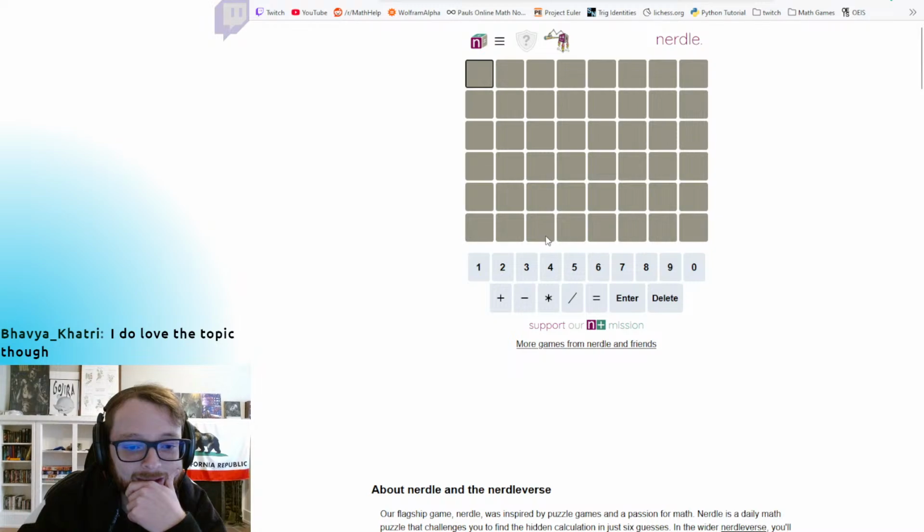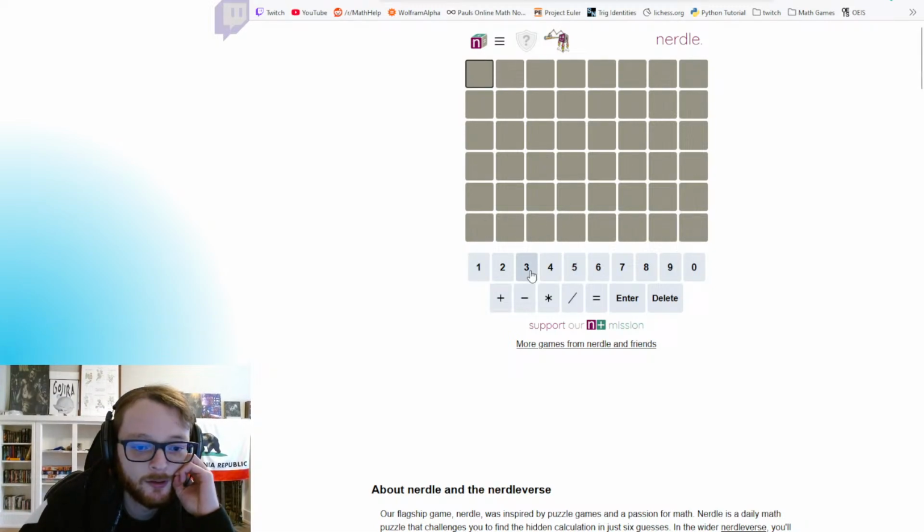So maybe let's start with 12 plus 34 equals. I don't want to reuse 4. I want to use as many unique symbols as I can here. I feel like I had this figured out when I did these more often, a good first guess.